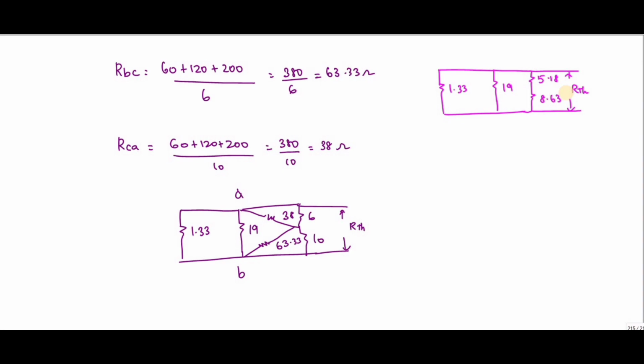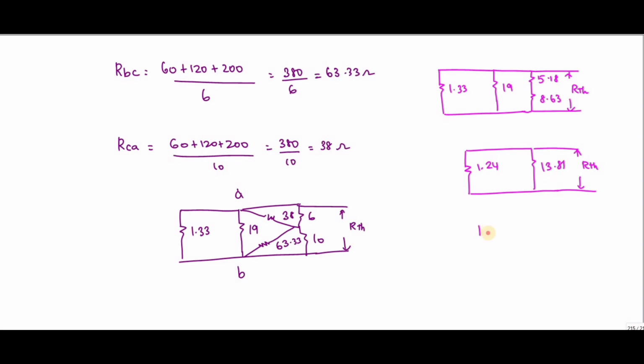Here these two resistors are in series and these two resistors are in parallel. So 19 into 1.33 divided by 20.33 gives 1.24, and this one is 8.63 plus 5.18, that is nothing but 13.81.